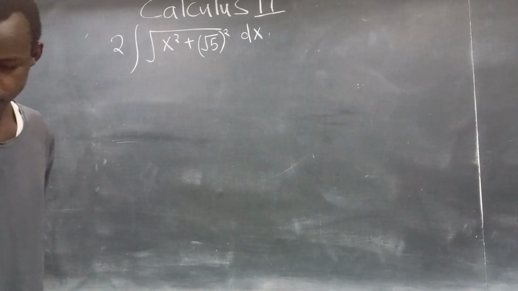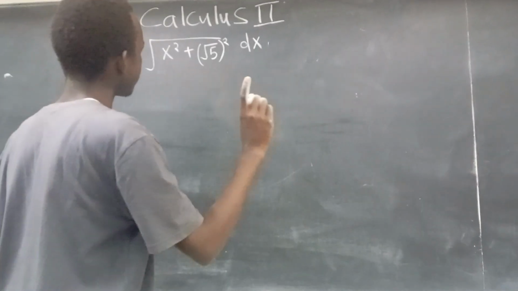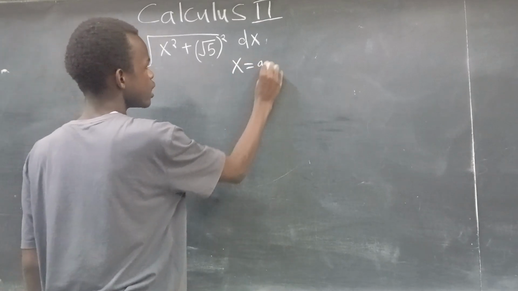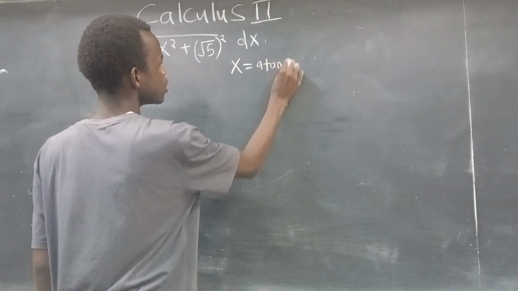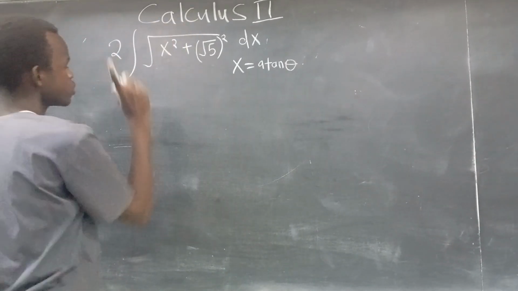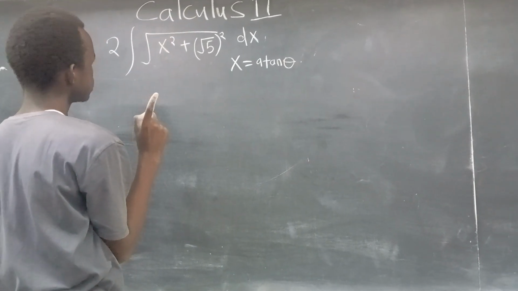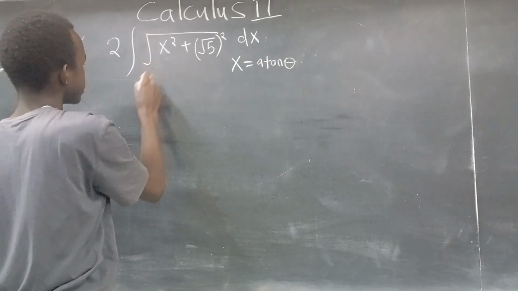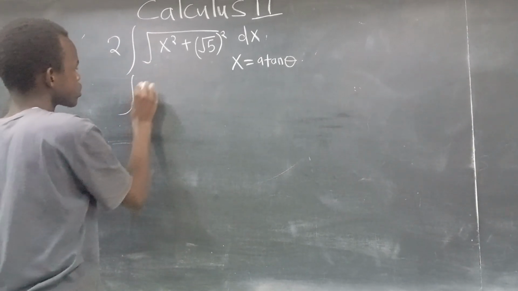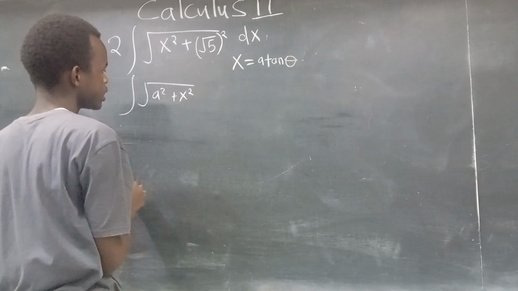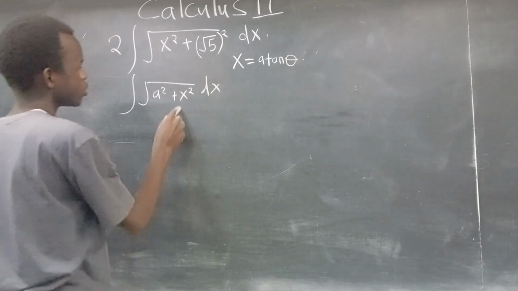From there, we say we'll choose our x to be a tangent of theta, right? As you remember, the formula says the integral of the square root of a squared plus x squared dx.